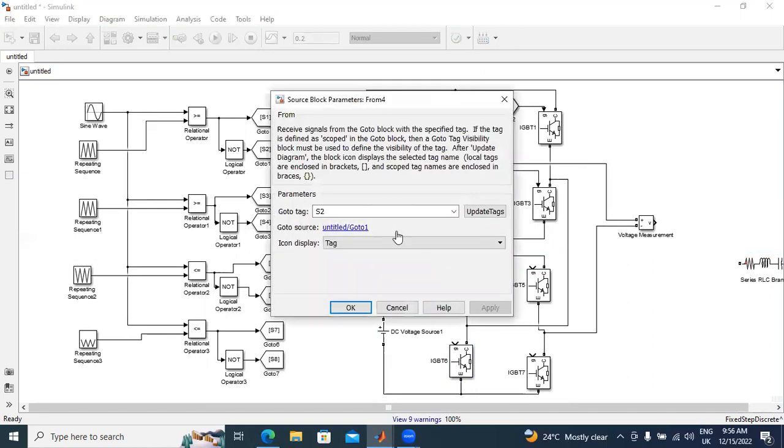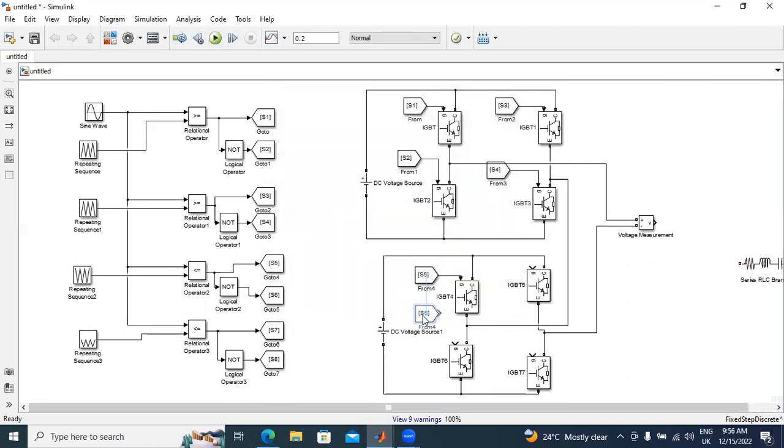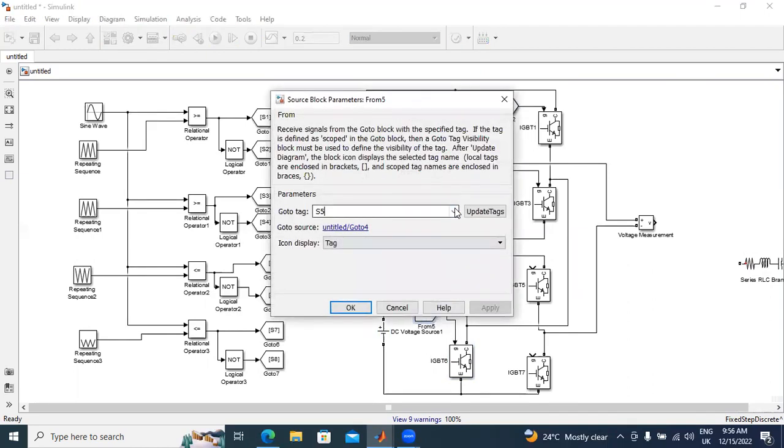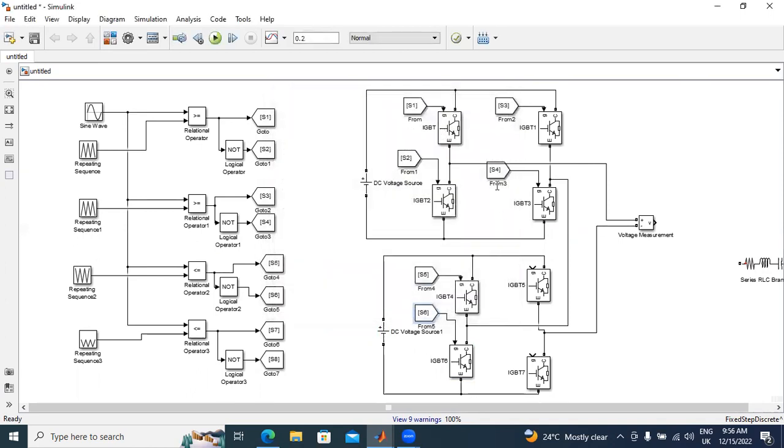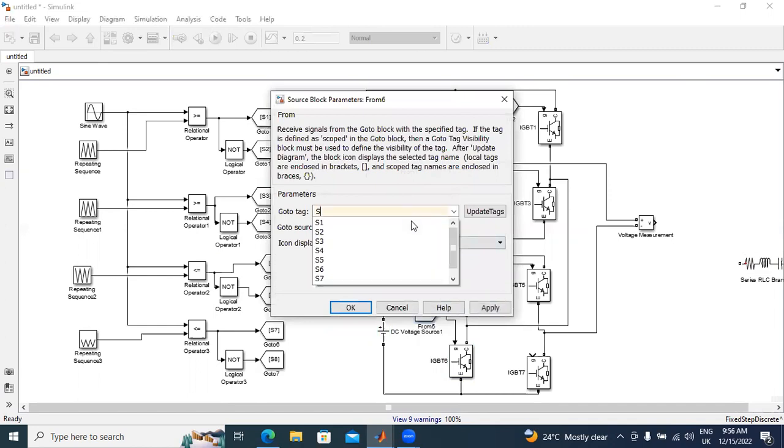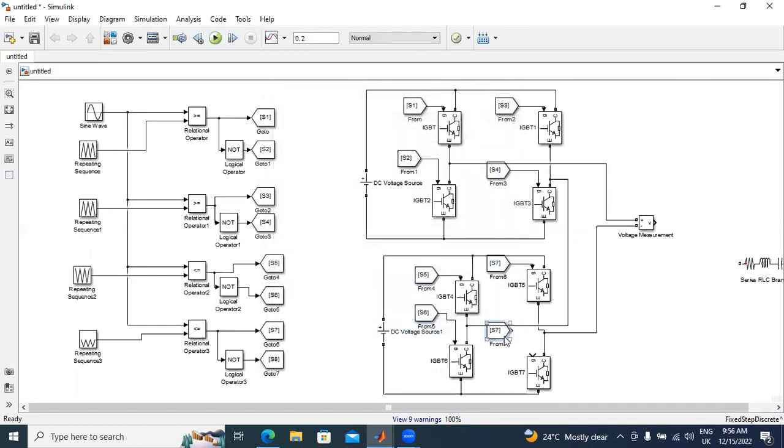This is S5. Next, this switch is S6. Next, this switch S7. This last switch S8.